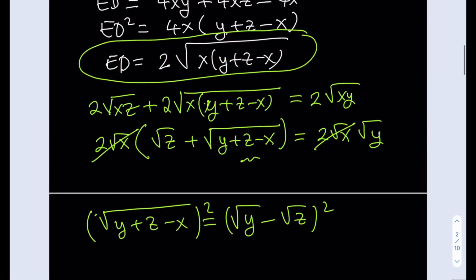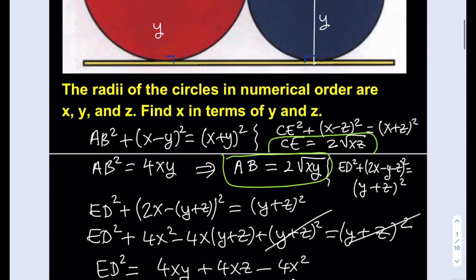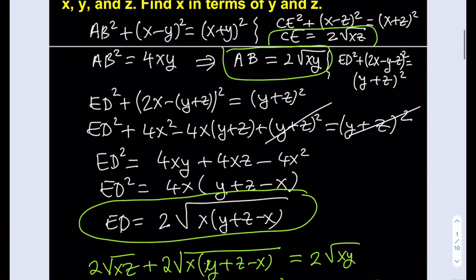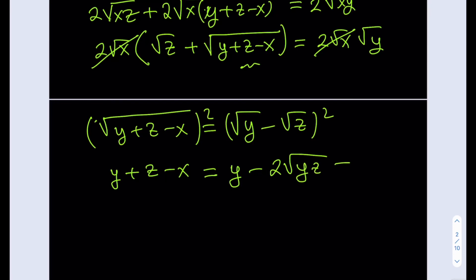Remember, if you go back to the statement of the problem, our goal is to find x in terms of y and z, because none of the lengths were given numerically, so our goal is to isolate x in this case. We're almost there. Just hang in. So I'm going to square both sides, and that's going to give me y plus z minus x, which is equal to y minus 2 square root of yz plus z.